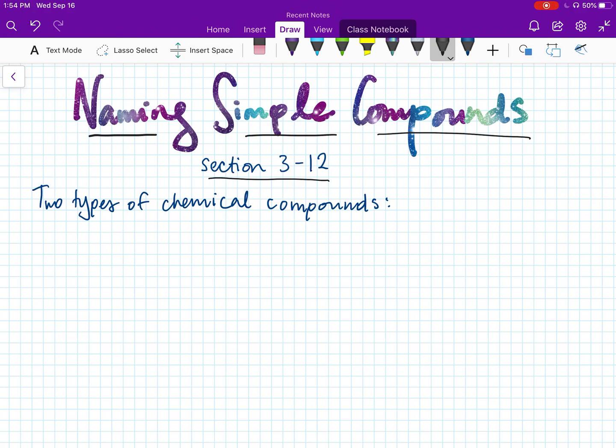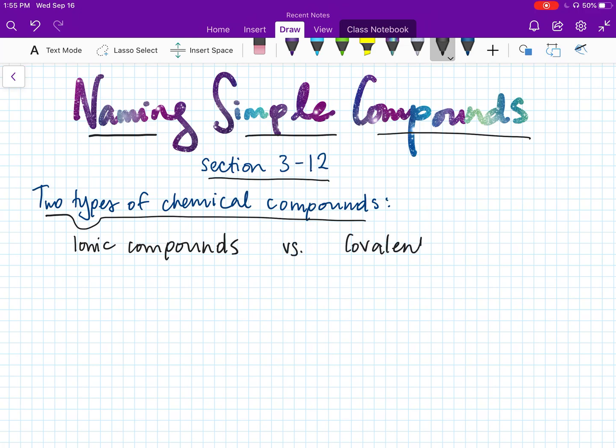Before we do that, I want to clarify the difference between the two major types of chemical compounds: ionic compounds versus covalent compounds. It's very easy to tell the difference. Ionic compounds are always going to be compounds that contain a cation and an anion bonded together through an ionic bond.